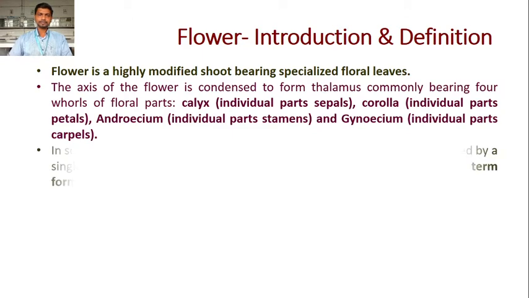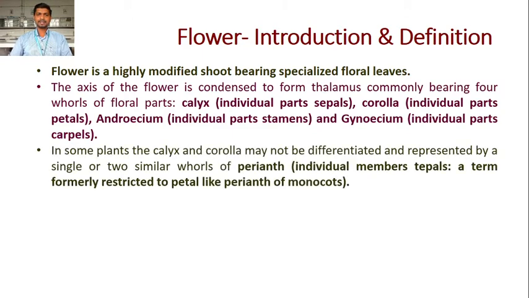In some plants, the calyx and corolla may not be differentiated and are represented by a single or 2 similar whorls of perianth. So in some plants, the calyx and corolla are not differentiated. Under such a condition, the term we use is the perianth, and the individual member of the perianth is the tepal.